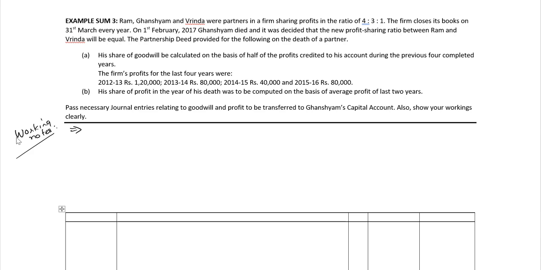We'll first calculate the total profits of the previous 4 completed years. Total profits of 4 years is equal to 1,20,000 plus 80,000 plus 40,000 plus 80,000. Comes to rupees 3,20,000.